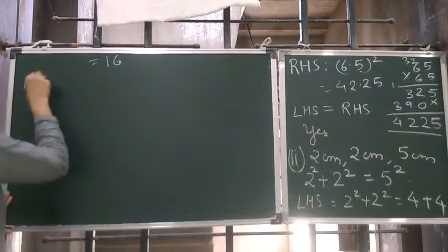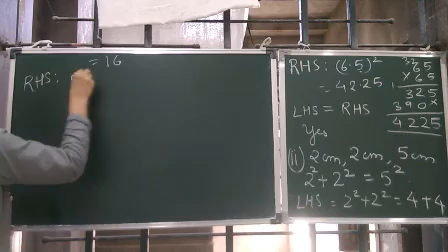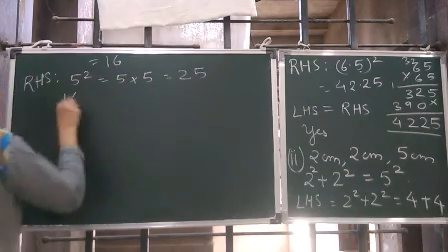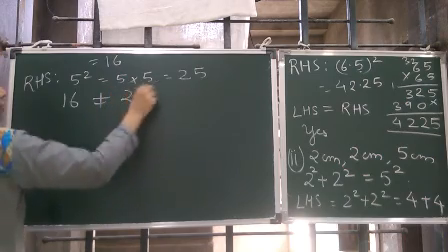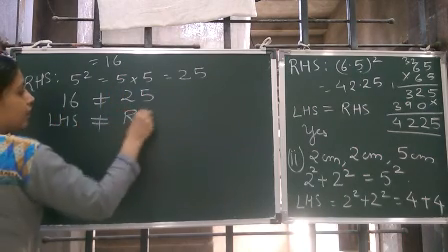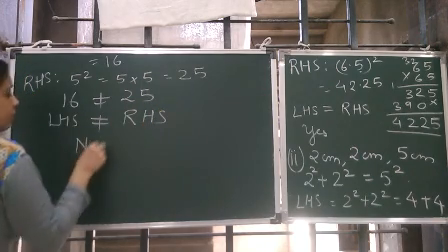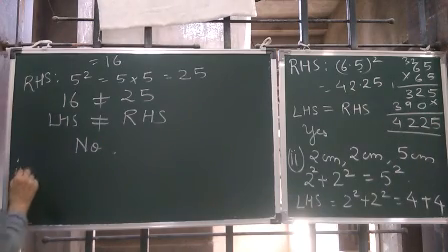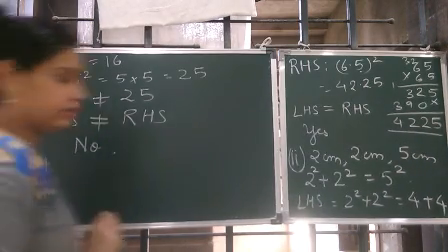And RHS is 5 square, that is 5 into 5, that is 25. So here 8 is not equal to 25, that is LHS is not equal to RHS. So answer is no. So this completes the second one.